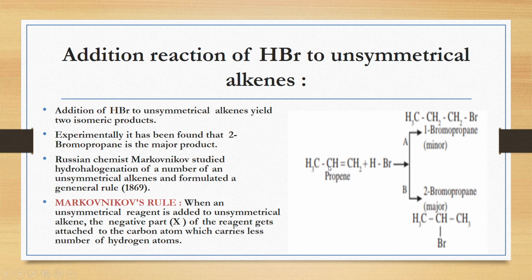So see, the middle carbon atom has only one hydrogen, the other one has two hydrogen atoms. You will have to consider only those carbon atoms where the double bond is present. So the middle carbon atom has lesser number of hydrogen and bromine will go to that carbon atom. So 2-bromopropane will be the major product. 1-Bromopropane also will get formed, but that will be the minor product during the reaction.